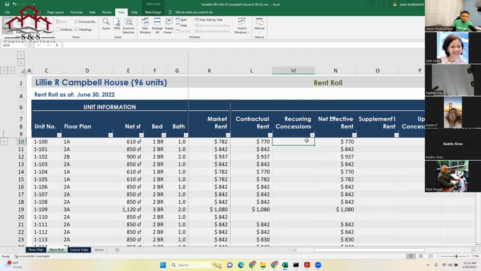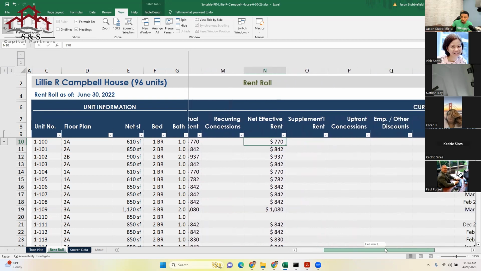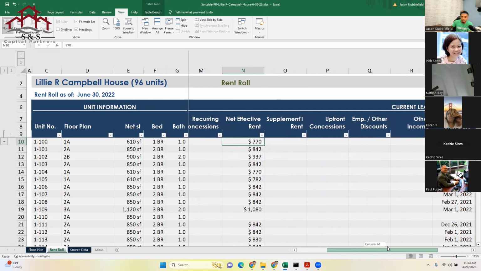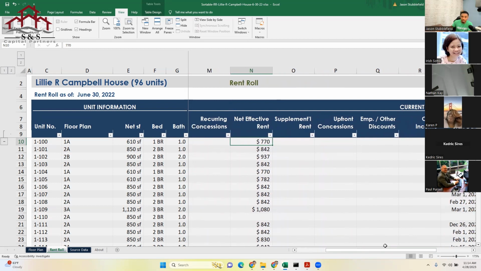We'll say we're going to give you $25 off a month. And then this number over here will be $770 minus 25. Doesn't happen that often on an ongoing basis, especially where we are in the market right now with rental prices increasing. But just know that if you see an effective rent versus a contracted rent, it's the difference between what they contracted for and any incentives that they had. That may be a reduction in rent, or it could also be an increase in rent.